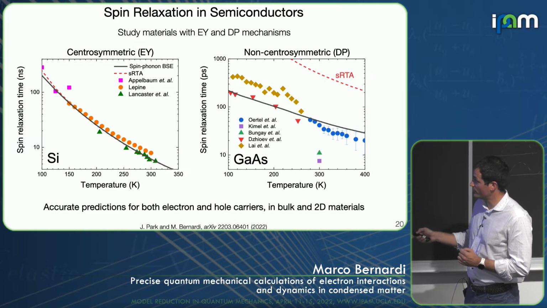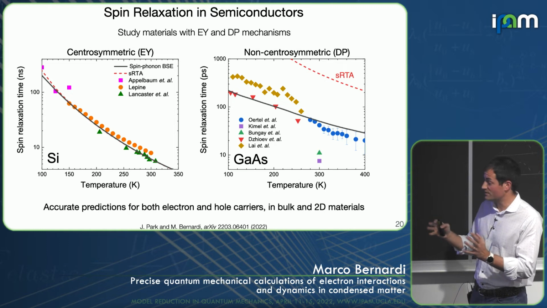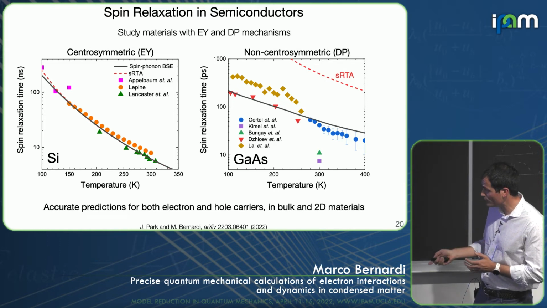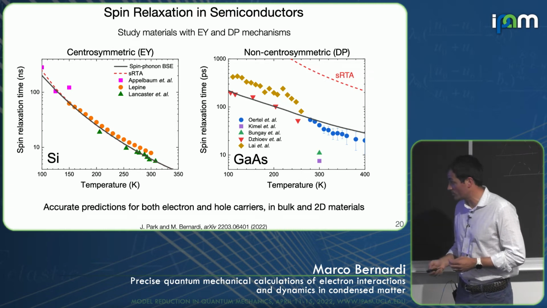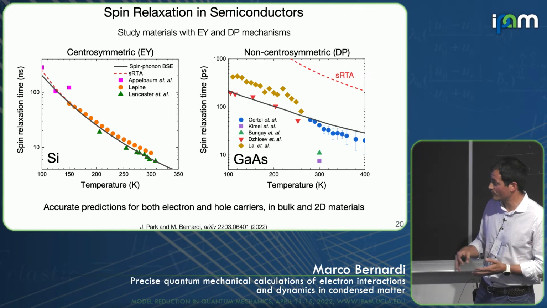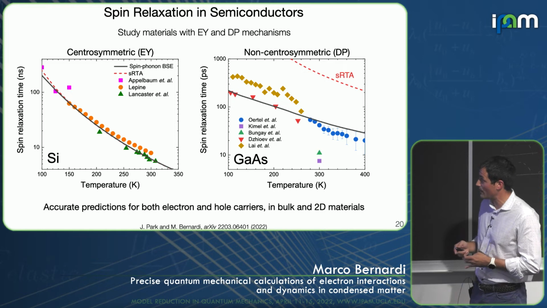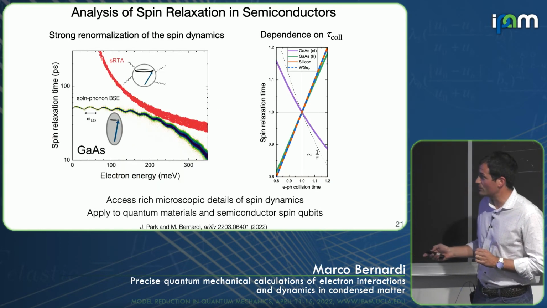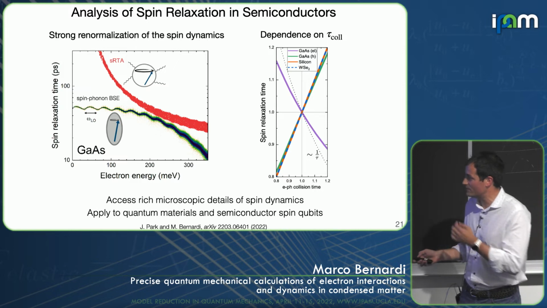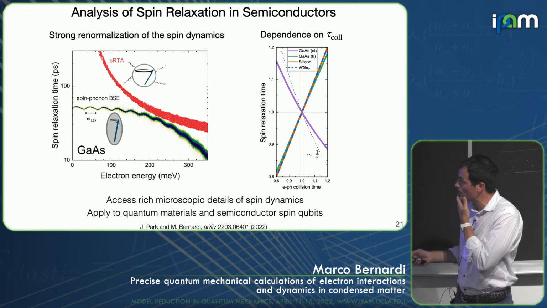But with the spin-phonon BSE, you see that it can accurately predict the spin relaxation times over a wide temperature range. And so in this work, we have shown that you can do these calculations for both bulk and 2D systems for both electron and hole carriers. That's interesting, but the microscopic information that you can extract from this method is also very exciting.